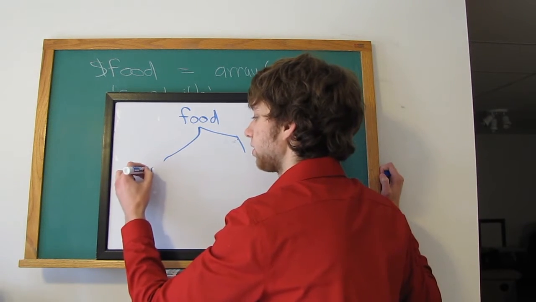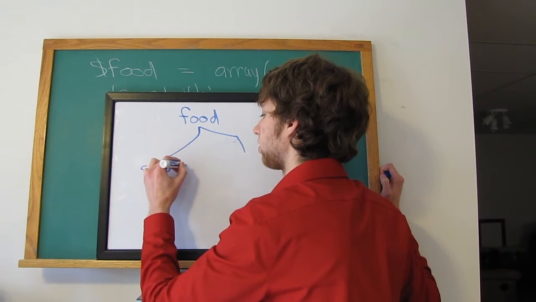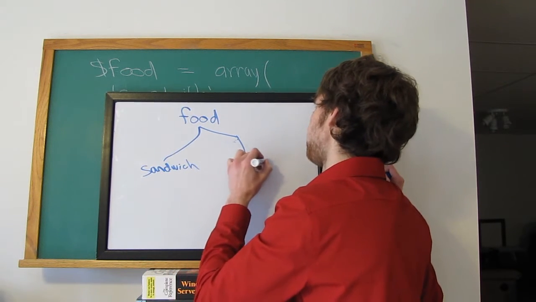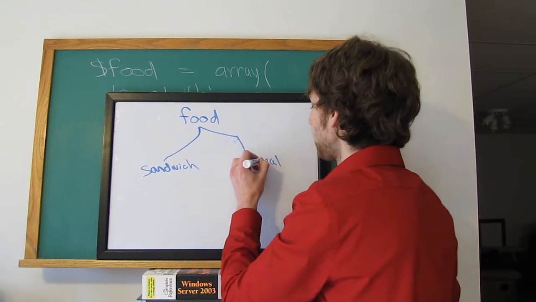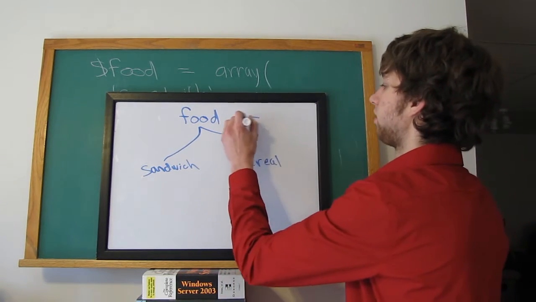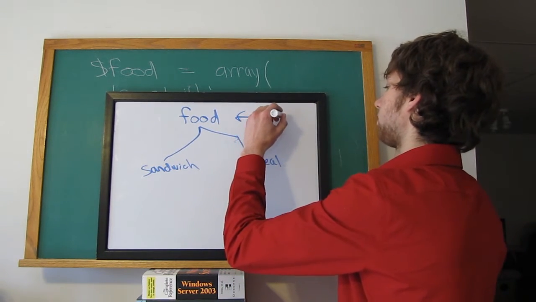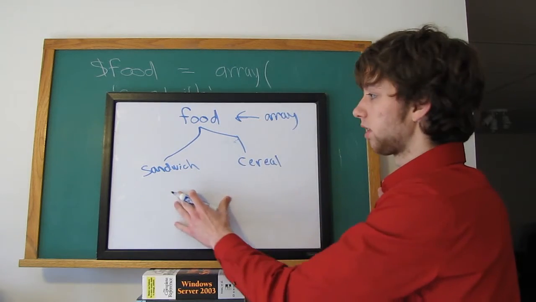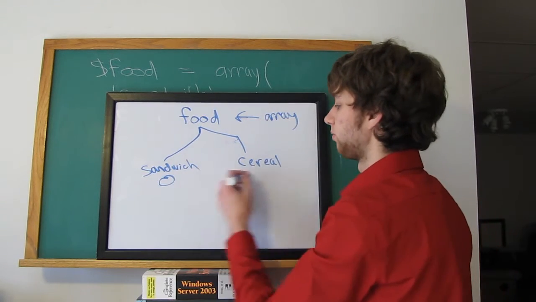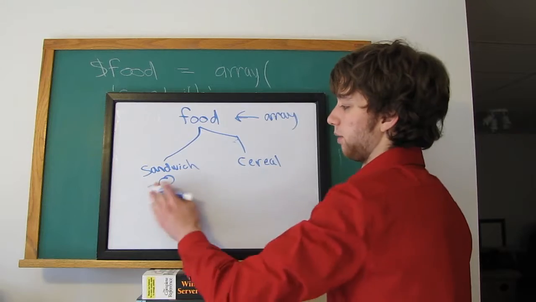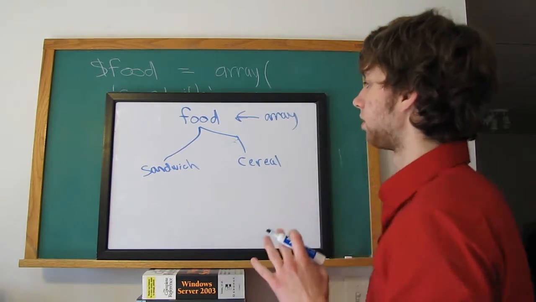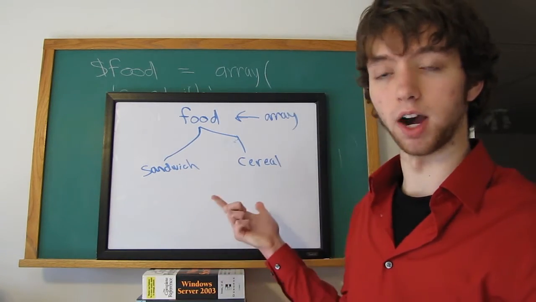We had sandwich and we had cereal. So right now, food is an array consisting of two key values. So this would be 0, this would be 1. But that doesn't matter. We're not even talking about keys right now. So this array contains two values.